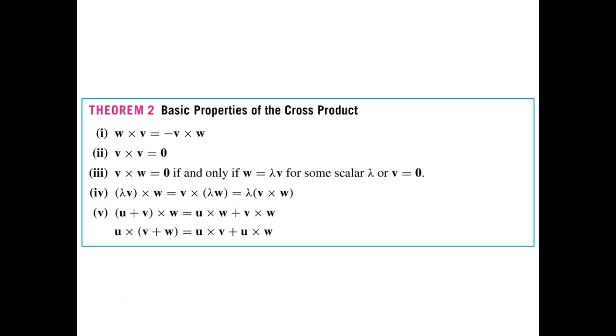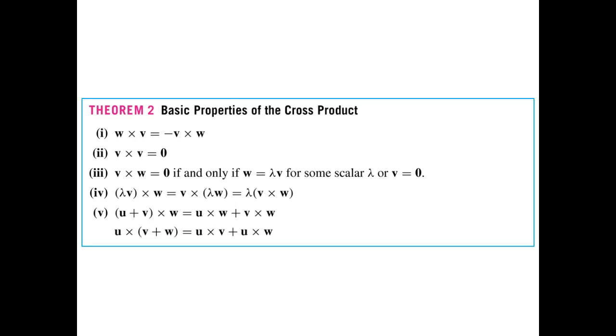Okay, Roman numeral 4. And this is one I was just using before. Lambda V cross W is the same as V cross lambda W, which is the same as lambda times V cross W.